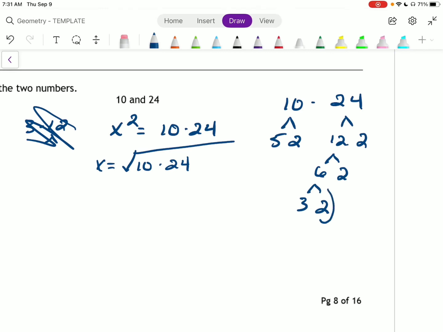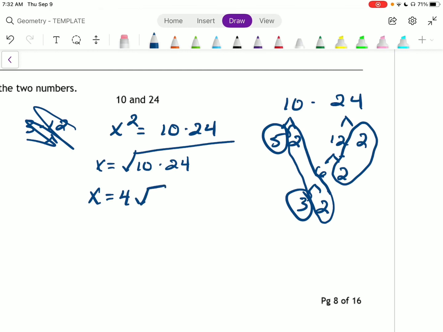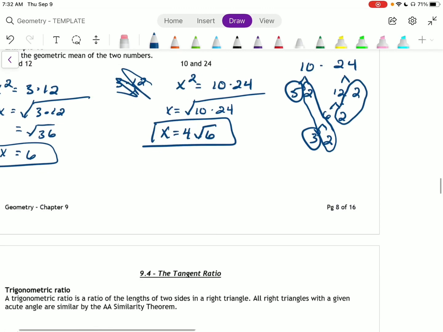So we have a pair of 2's right here, a pair of 2's here, a single 5, and a single 6. So x is 4 root 6. And there we are. And we're done.